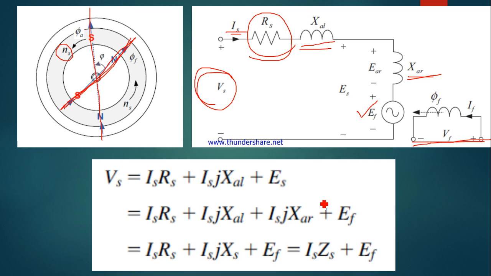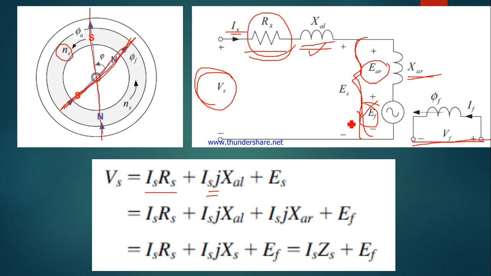Okay, so now in this case, if you apply the Kirchhoff voltage law, your Vs is equal to IS RS, the drop across this, and it's inductive in nature, so that's why it is multiplied by J. J is imaginary, and this is the stator winding voltage, the voltage at the stator winding, which is nothing but this voltage plus the field voltage.